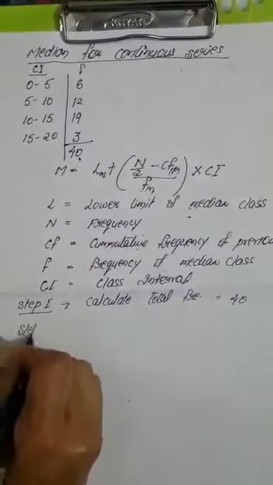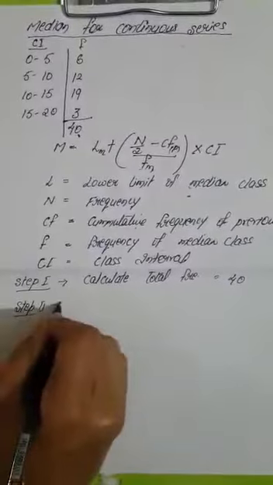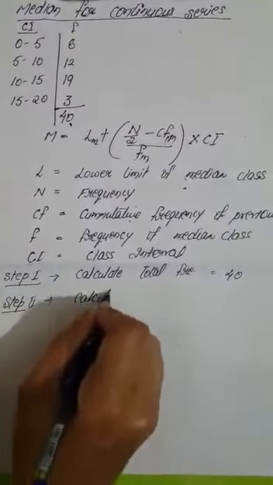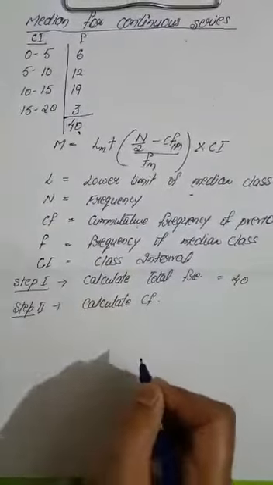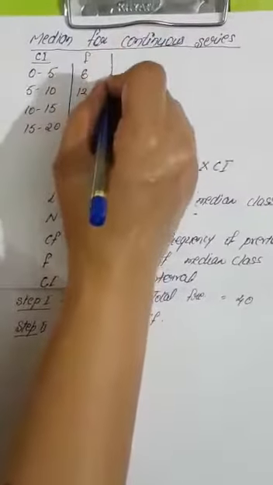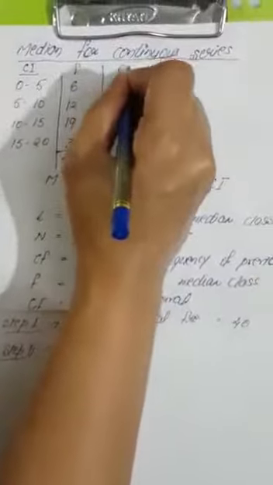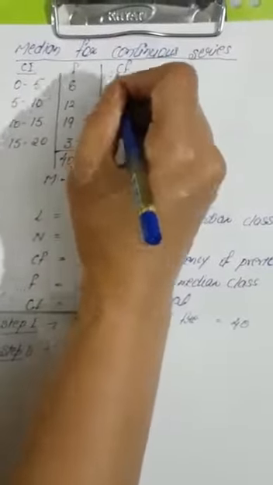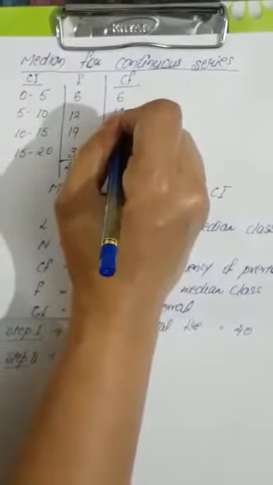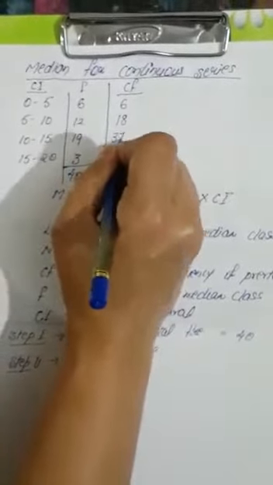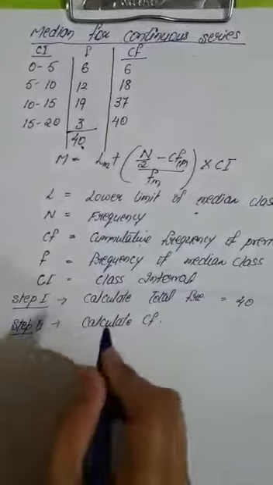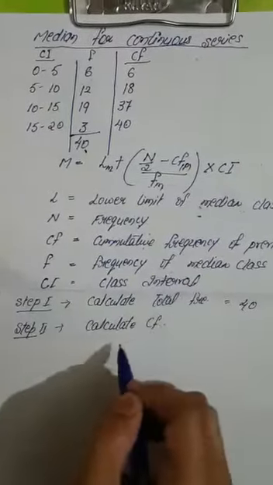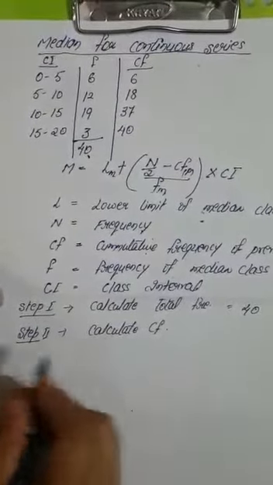Step 2 is to calculate the cumulative frequency, as it is 6, then 18, then 37, then 40. So we have calculated the total frequency as well as the cumulative frequency.